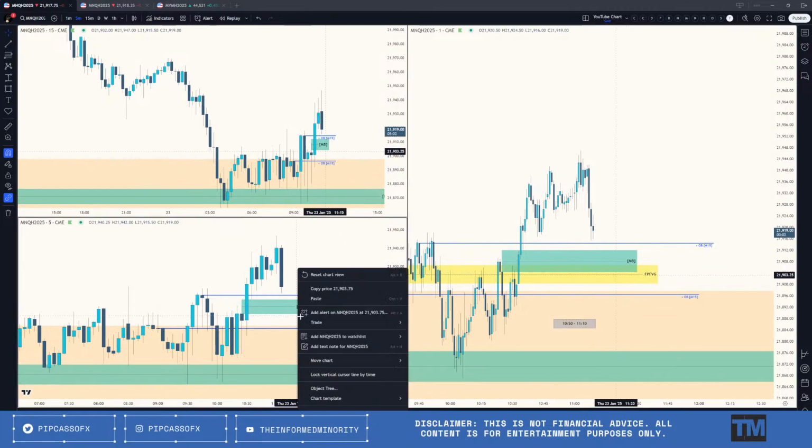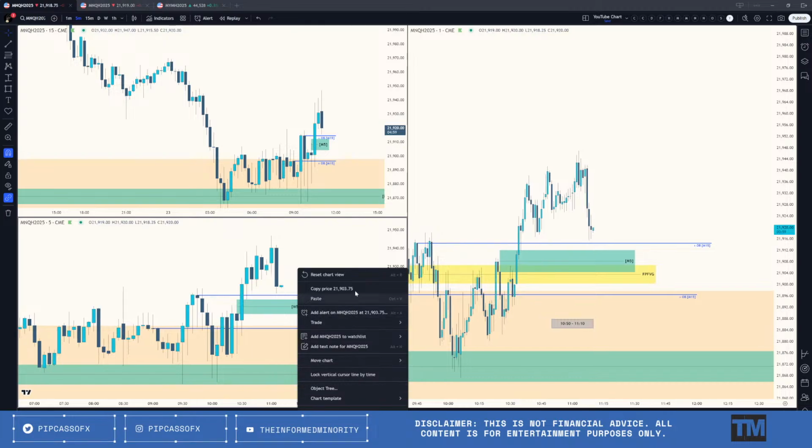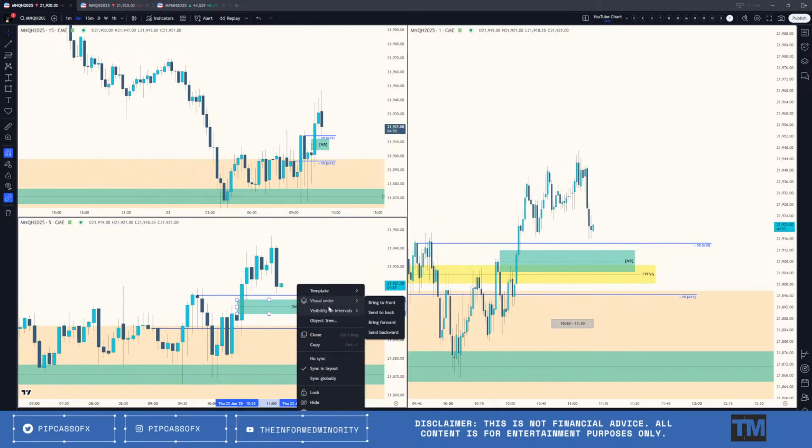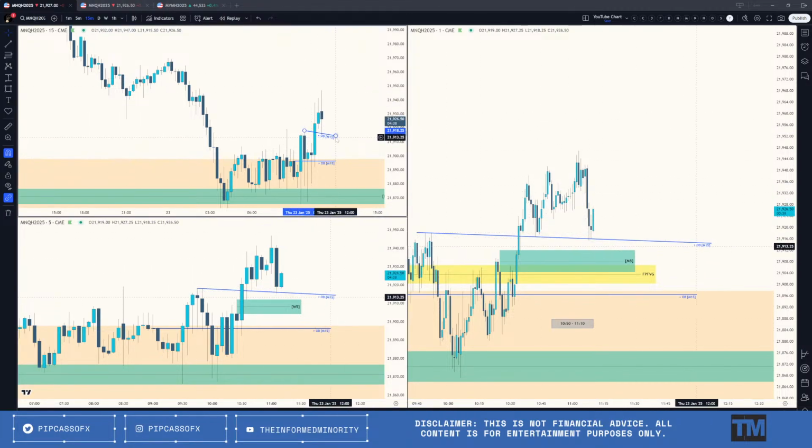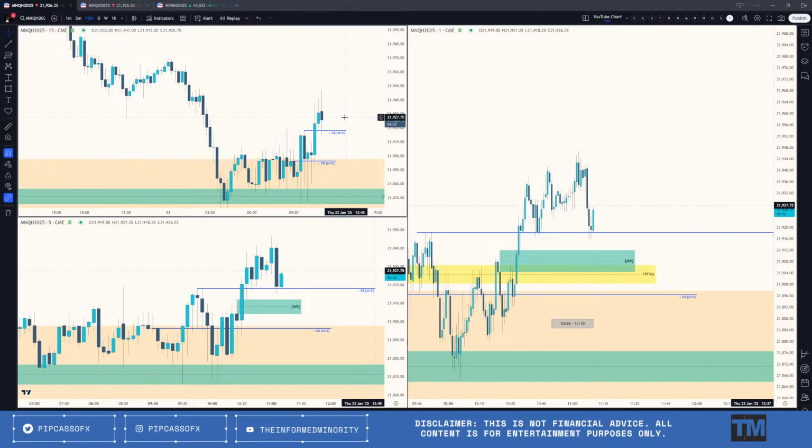Oops, keep forgetting about that. Below. So we tapped into this. We hit the top end of the order block on the 15-minute chart. So the opening price we didn't hit, but we hit the high end of it.